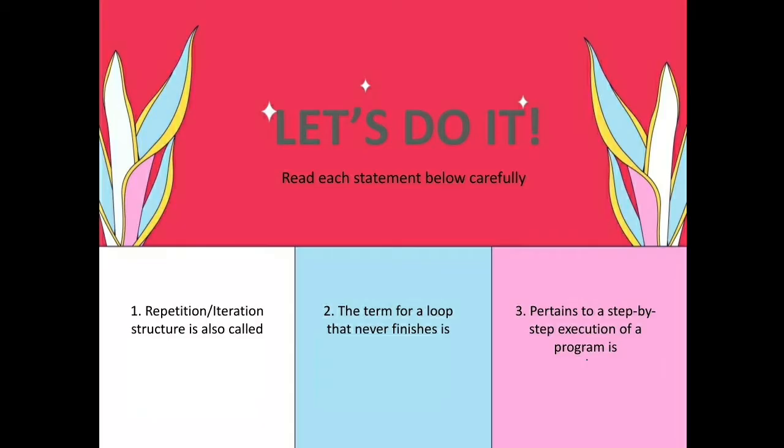To know more about our topic, let's do it. Read each statement below carefully. First, repetition or iteration structure is called looping. Second, term for a loop that never finishes is infinite loop. Third, it pertains to a step-by-step execution of program is sequential structure.